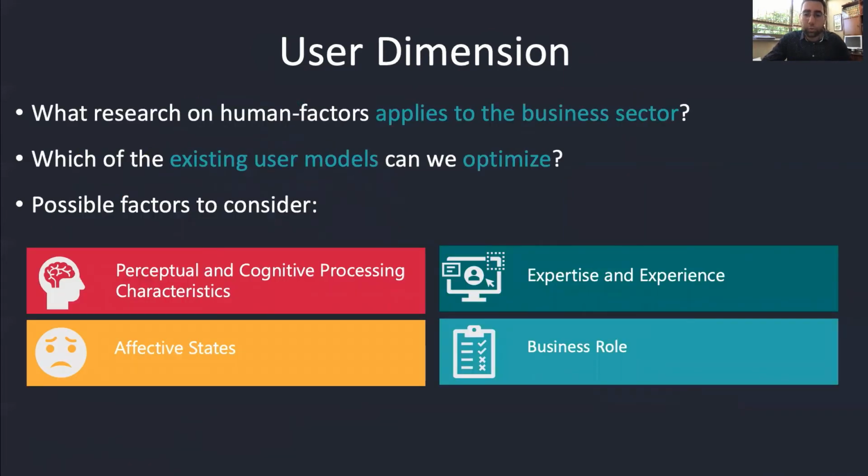Also, for this dimension, we will have to further investigate existing research on human factors and their applicability in the business setting for optimizing existing user models, which consider factors such as, for example, affective states that directly relate to users' performance or judgment, perceptual and cognitive characteristics that, again, have to do with the performance and efficiency of when performing visualization tasks, and expertise and experience of the user that again has to do with visualization preference and comprehension of visual data.